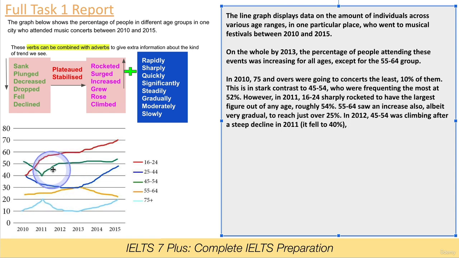What else is on the rise? Actually, is that the only group to be on the rise? 16 to 24 again. 55 to 64 again. 75 plus. Let's compare it to another group.